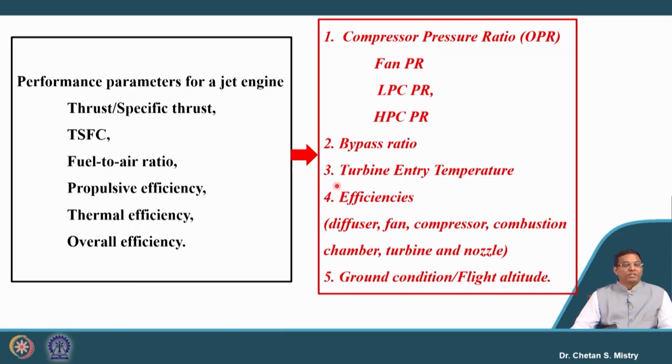That is a different ball game. That will come in the component wise design. Here at this moment what we are discussing is the initial stage of development of the engine.